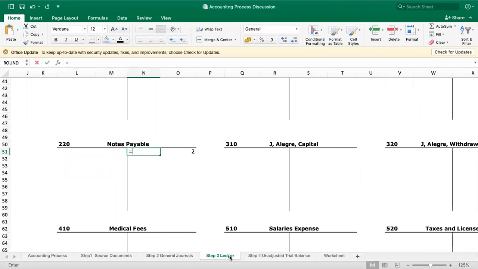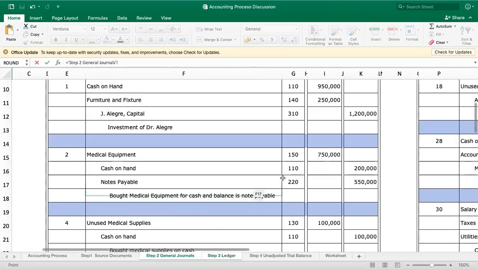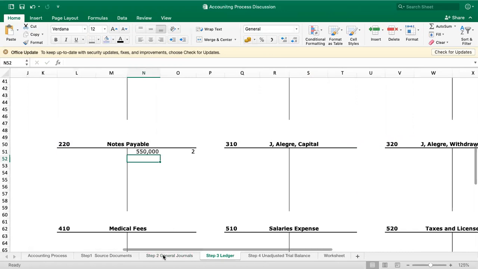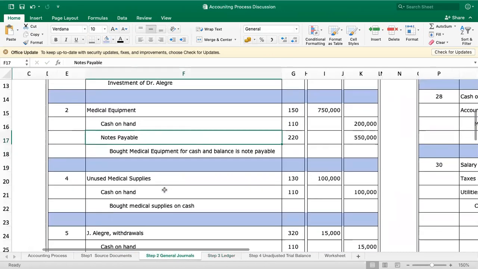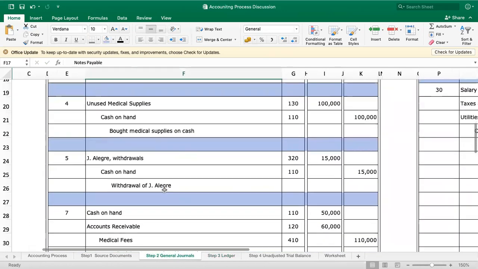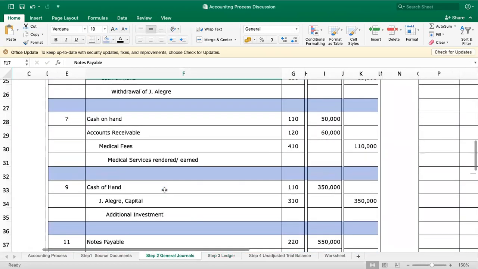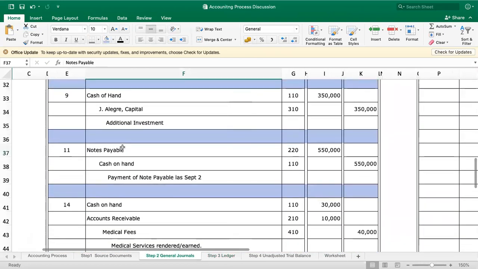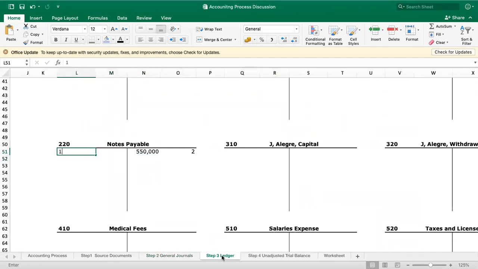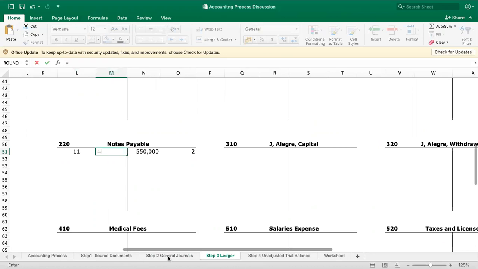So that's September 2, credit 550,000. Okay, balik tayo sa journal natin. Let's find another transaction na merong notes payable. Okay, ayan, September 11, naka-debit yung notes payable natin because this is the full payment. Ilan yung amount? I think 550.